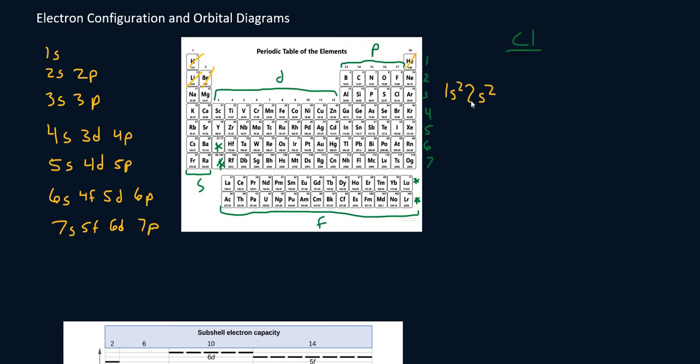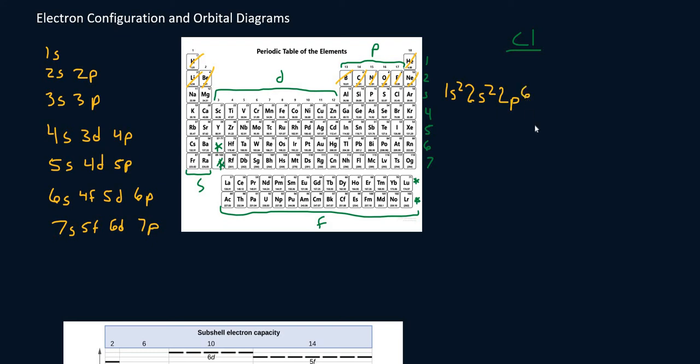We fill both of those up, keeping in mind that chlorine has 17 total electrons. So we need to get to 17. Right now we have 4. And we're going to fill all the way up over here. So we can go ahead and write in 2p6.